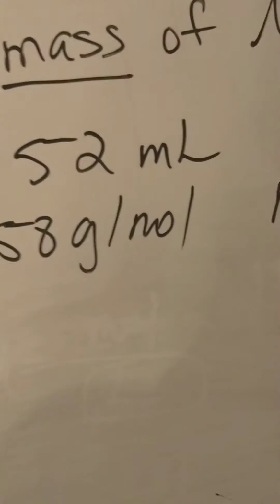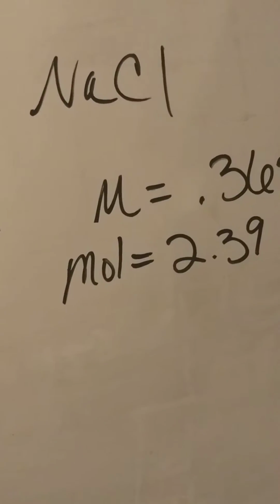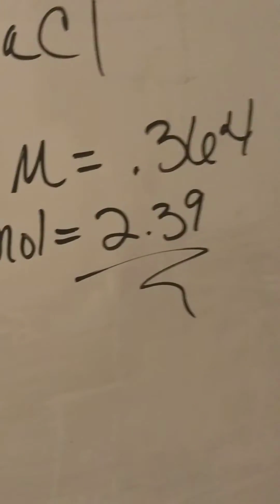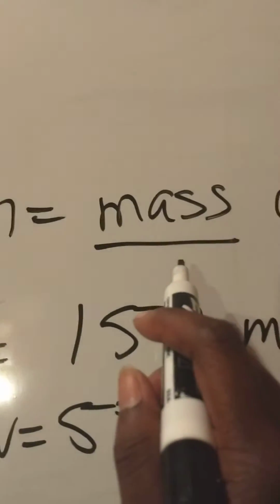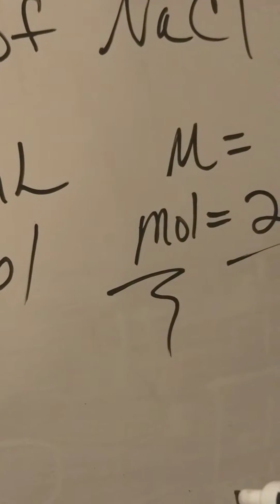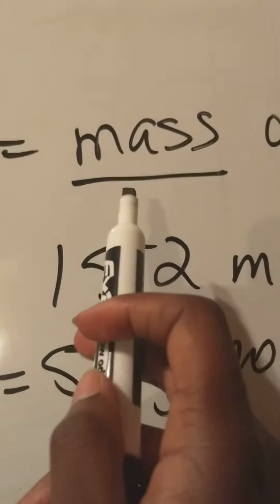Nice. Okay, now that we have found our moles, we obviously now have the answer to our problem, right? It's obviously this, right? Of course not, because we are looking for mass, not the amount of the substance that we have, but the weight of the amount of substance that we have. Mouthful.